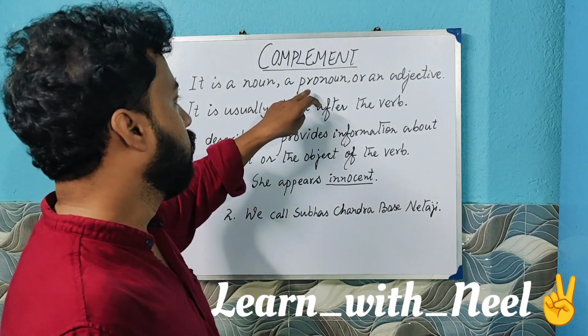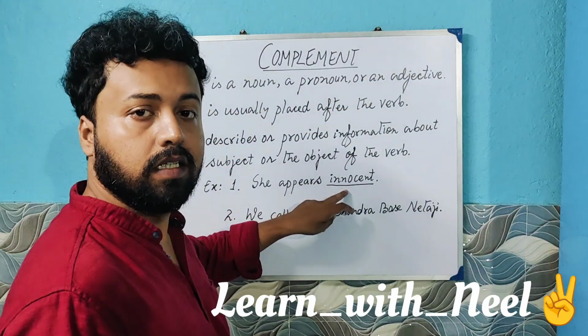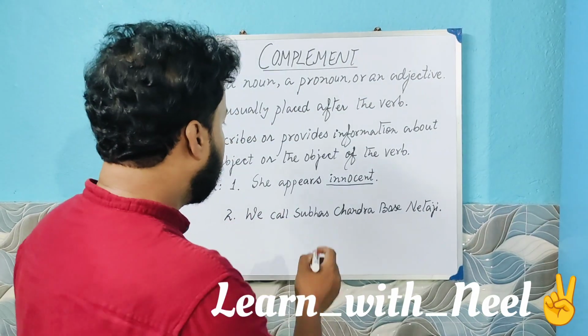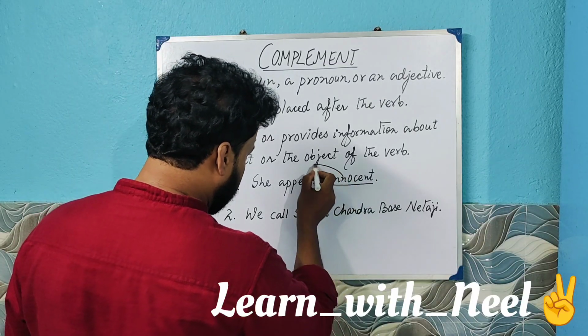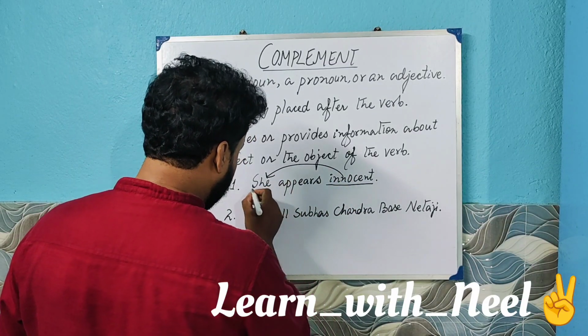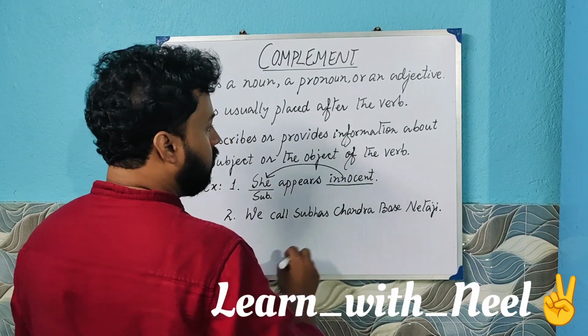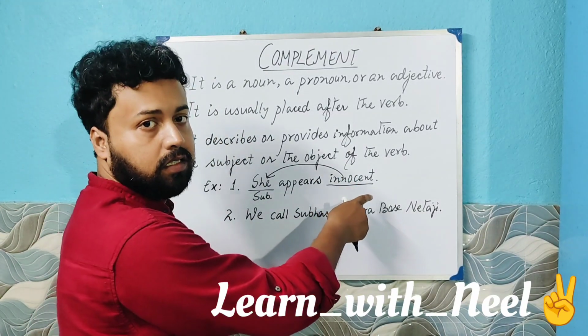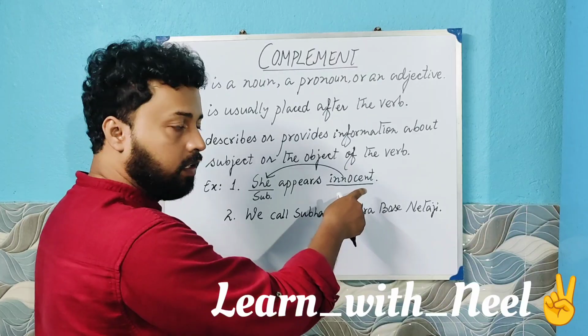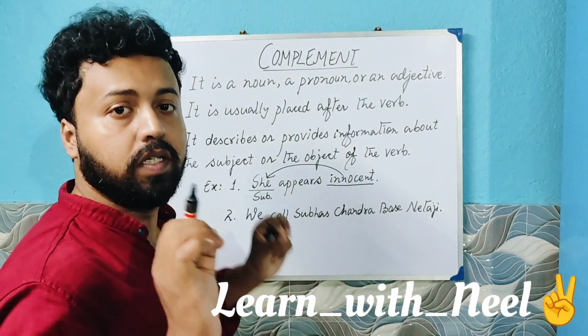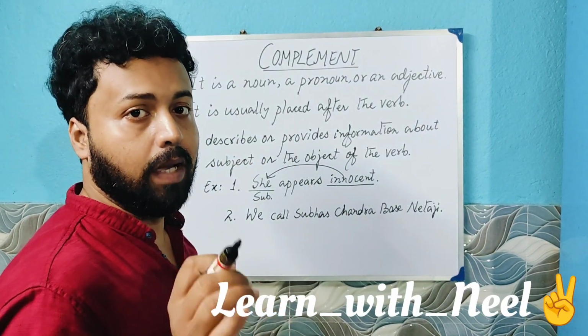It is a noun, a pronoun, or an adjective. Innocent is an adjective. What does it describe? It describes the subject she. So the adjective innocent here is a subject complement because all the three traits of a complement match here.